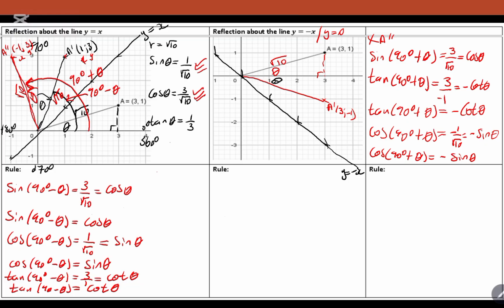And that point, our A2 prime, will lie here at 1 and -3. So here is our reflected point. So our reflected theta lies there.